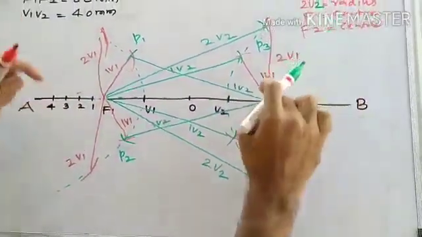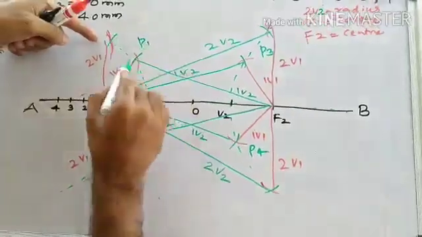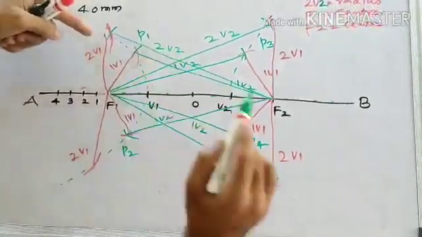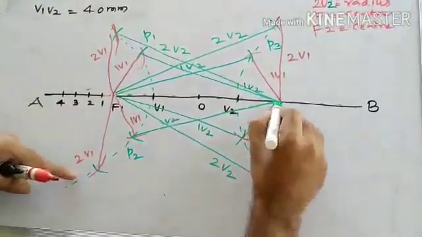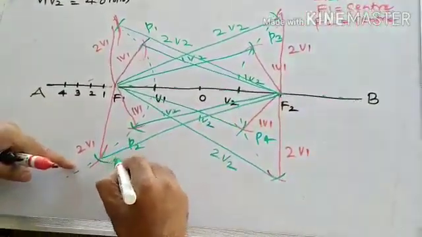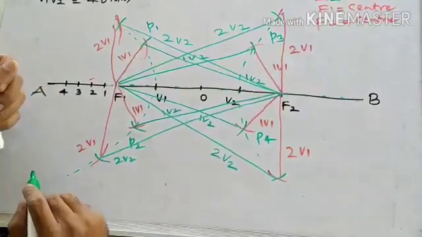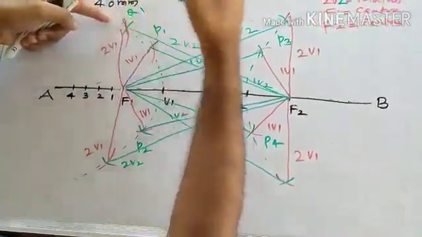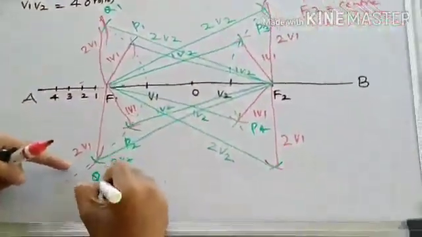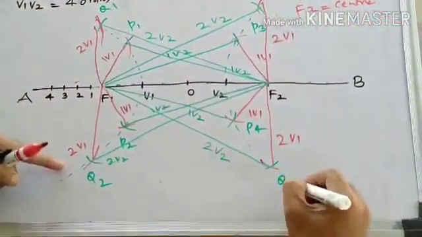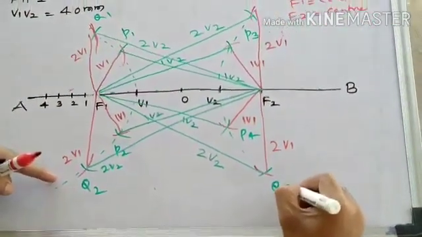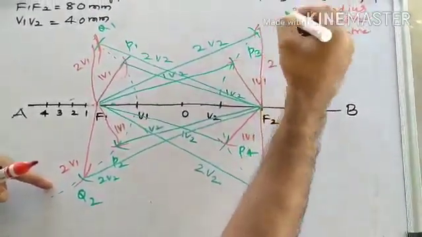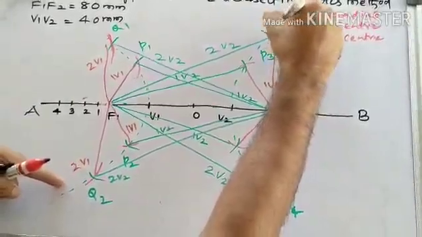Similarly, F2 as a center, this arc is 2 V2. From this you obtained Q1, Q2, Q4, Q3.